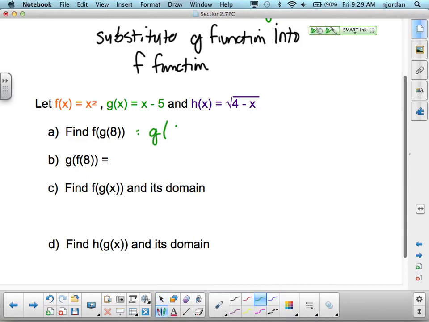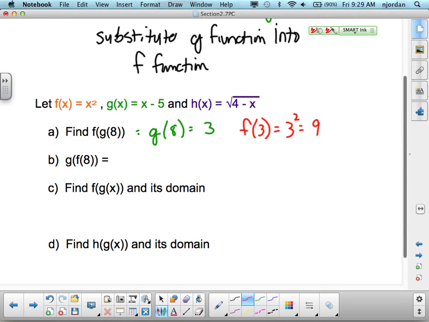We do what's in the innermost parentheses first, so my green function, g of 8, is going to equal 3. Okay, 8 minus 5 is 3. Now I take that 3 and I plug it into my f function. So I basically want to do f of 3. So f of 3 is going to equal 3 squared, or 9. So f of g of 8 equals 9.